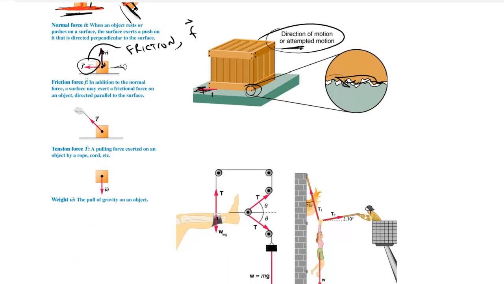We also have tension. Tension is another contact force. So if we attach a string here and pull on it, then the tension pulls out this way. So tension is always a pulling force. It's exerted on an object by like a rope or a cable or something, and if you try to push with a rope or a cable, the rope or cable kind of collapses. It doesn't actually push anything.